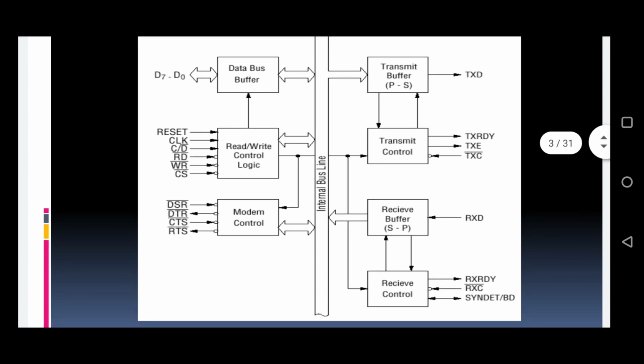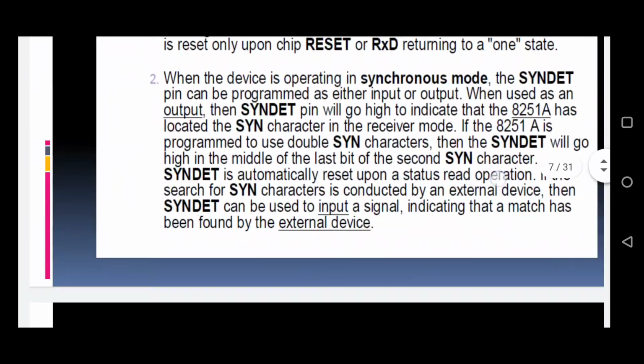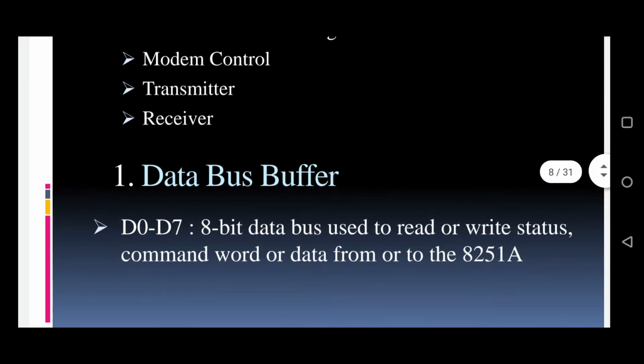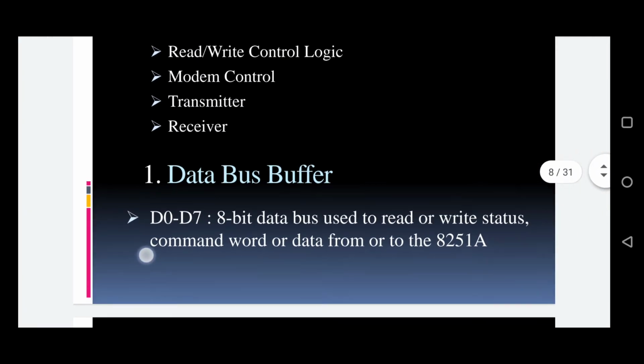At first, the data bus buffer. The input of the data bus buffer is D0 to D7, the data bus, which is bidirectional. This data bus is used to read or write status, command word, or data from or to the 8251A.